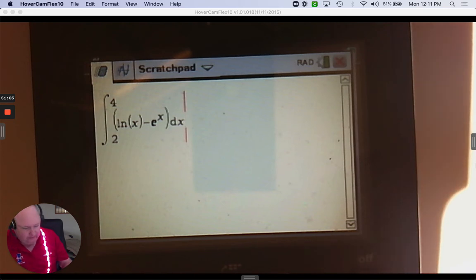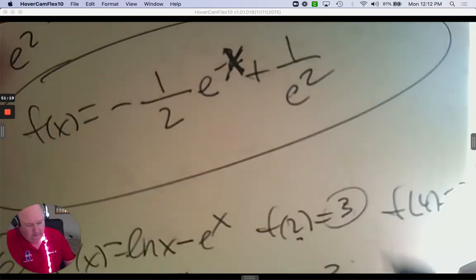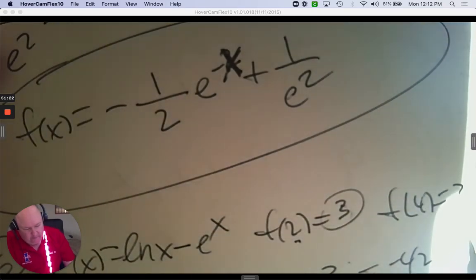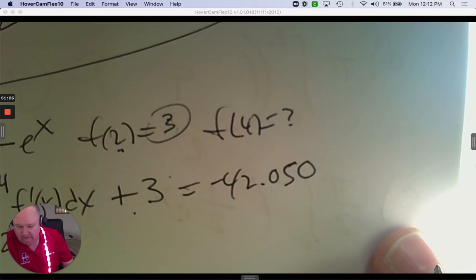And then add 3 to it. Control enter. So I get negative 42.050. All right, last question.